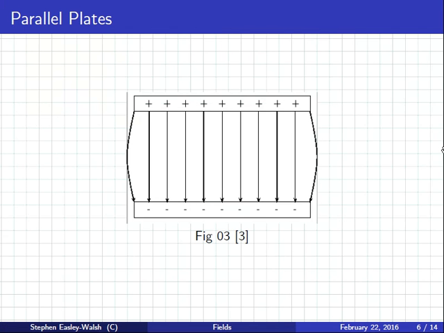What I mean by parallel plates is you have an electrically charged plate, and another electrically charged plate. It'll make a field between the two plates. If you have the positive charge on the top and the negative charge on the bottom, you get a field that goes basically straight down. But please note, it is a little bit curved at the ends, but it's essentially straight down.